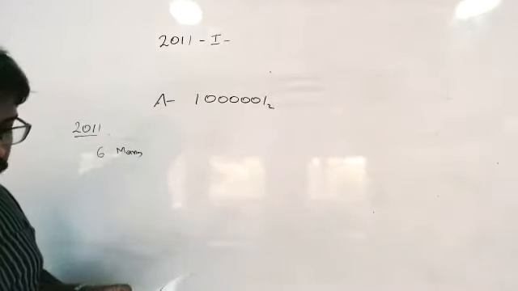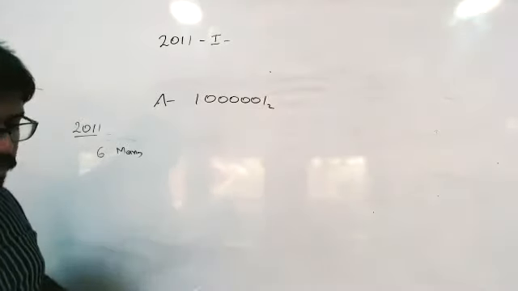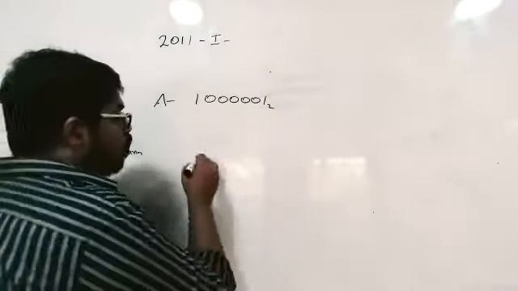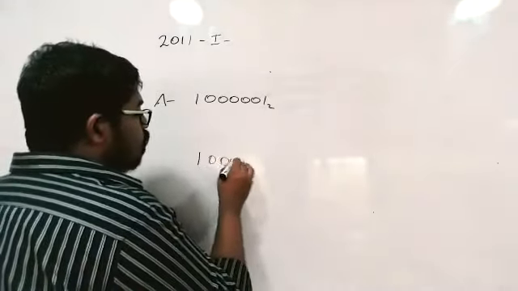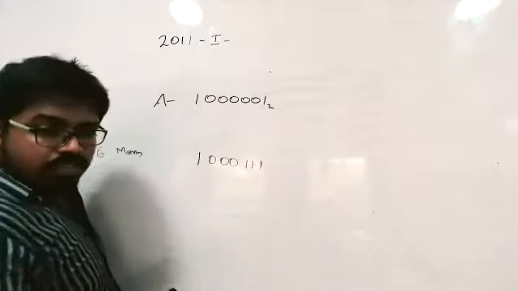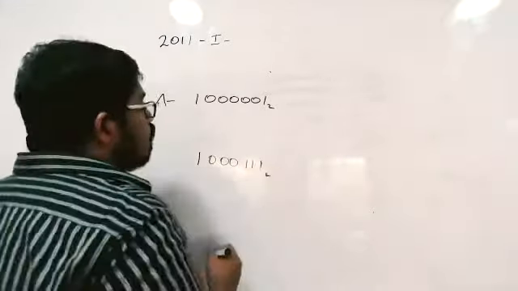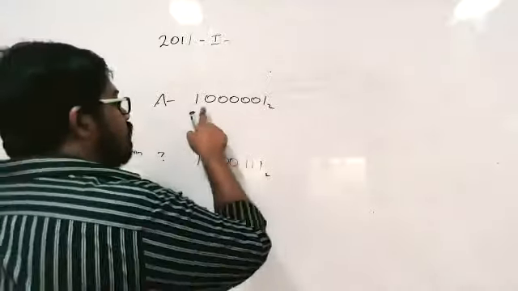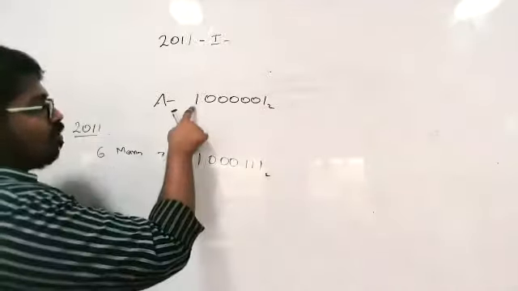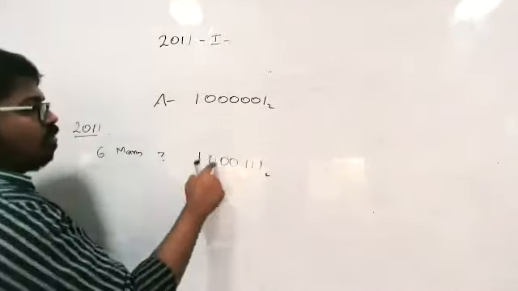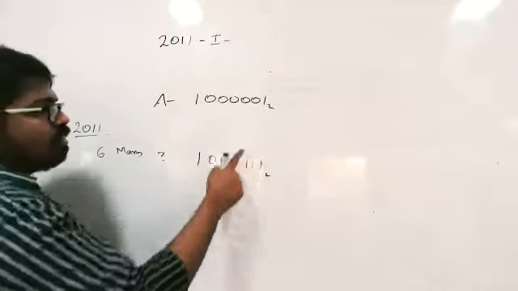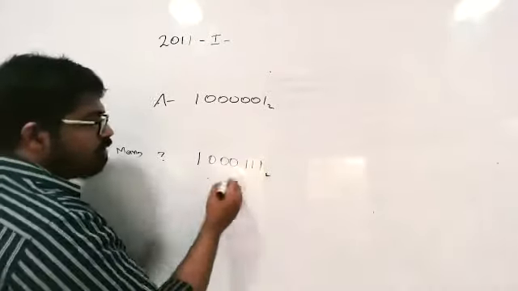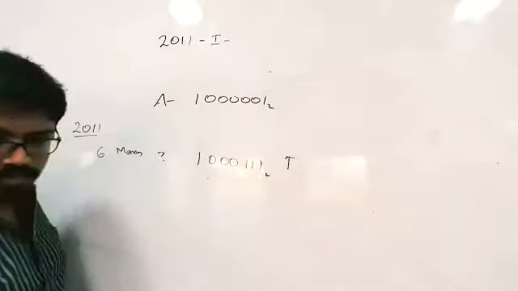Which of the following is represented by 1 0 0 0 1 1 0 0 1 1? Right? As I said earlier, when you consider the digits from left to right, this is 0, this is 1. So this means this is the largest value.